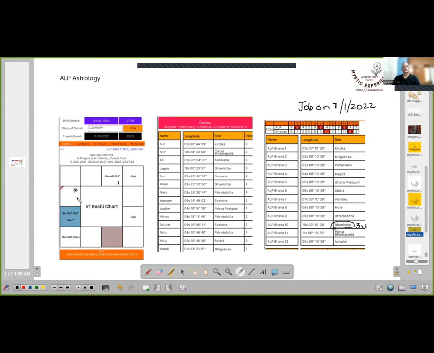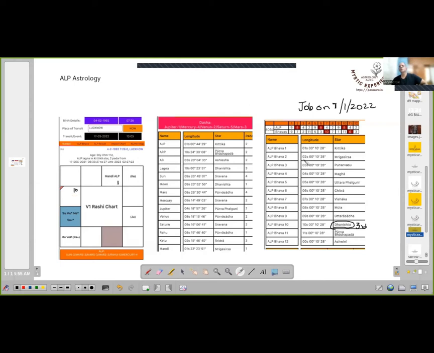So this person got a job when ALP was in Kritika second pada, which is Dhanishta's third pada. Dhanishta third pada falls in this house, and during this time he got the job.